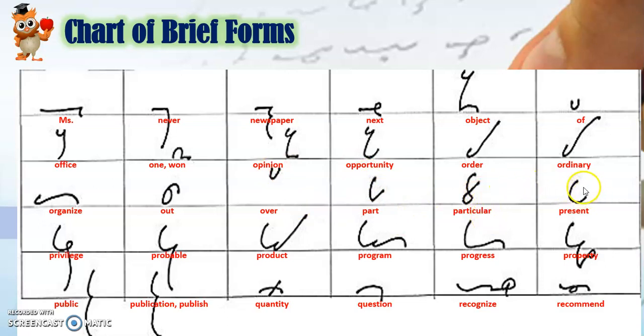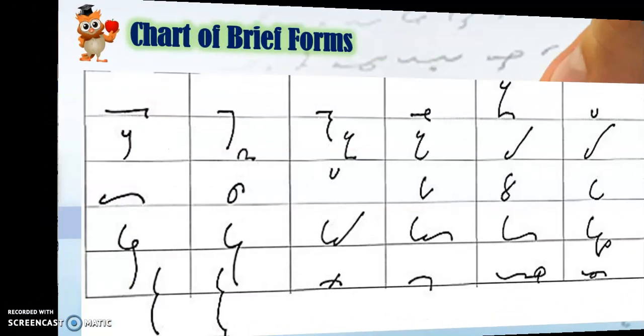Particular. Present. Privilege. Probable. Product. Program. We have here progress. Property. Last row we have public. Publication. Published. We have here quantity. Question. Recognize. And we have recommendation. So those are the brief forms.